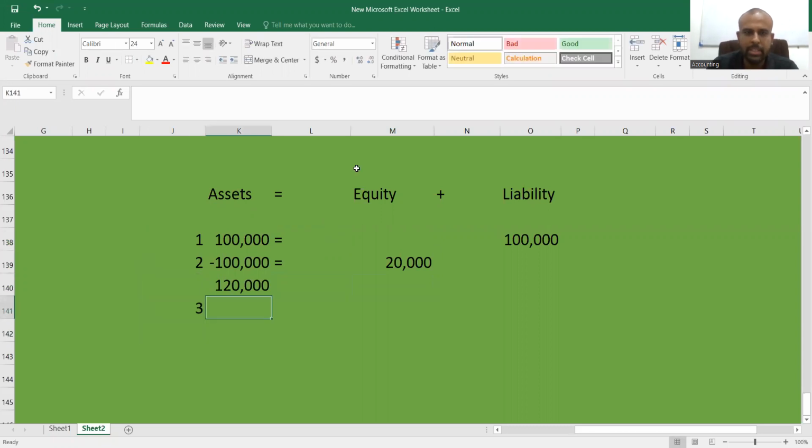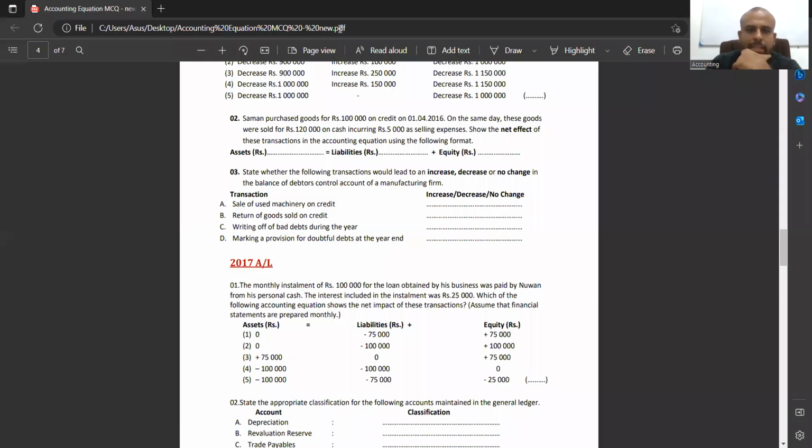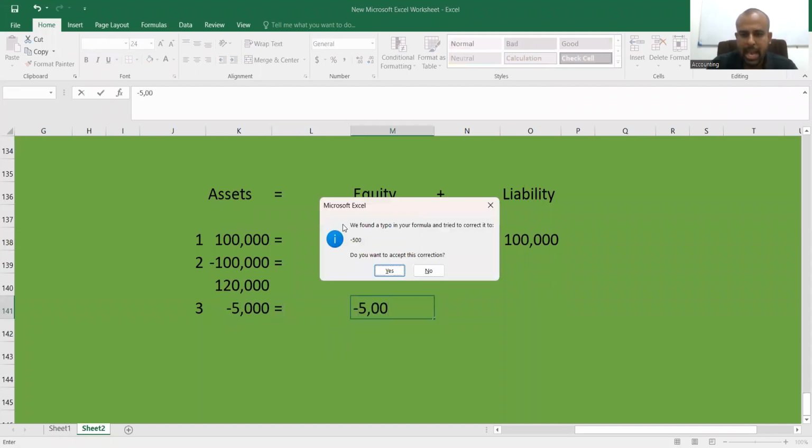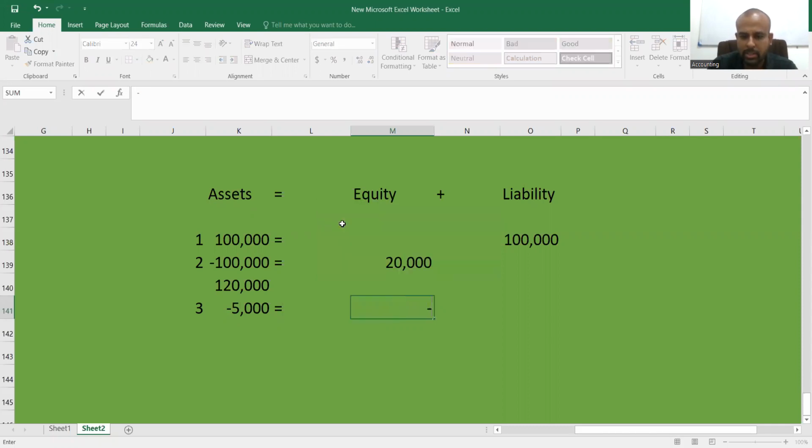Third one. What's the third one? Yes, you incur the selling expense of rupees 5,000. When you incur the selling expense, assets decrease by 5,000 and your equity balance decreases by rupees 5,000. Clear now? Fourth one.